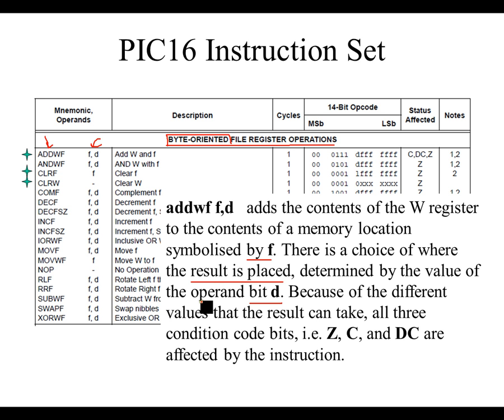Now, operand, I don't know if we've really talked about operand. Operand just means operation data. Think of it as operation, and then they add a D on the end, which just means data. So it's a quick way of saying operation data. The operation is add, and the data is either a file register or the W register.